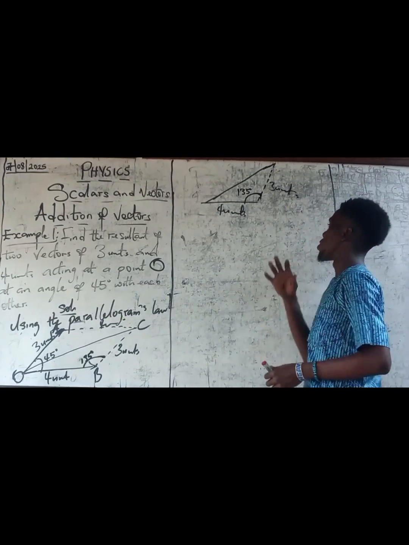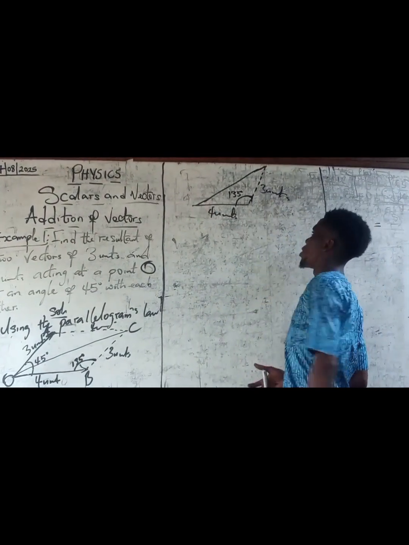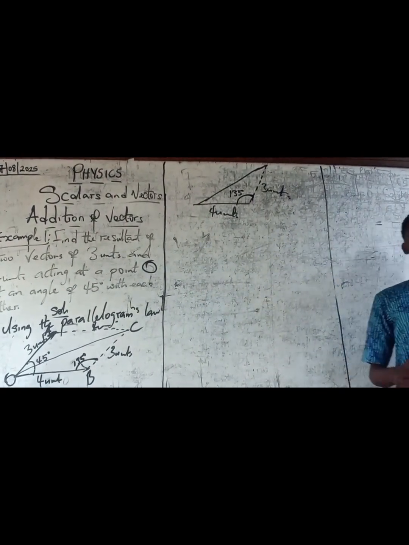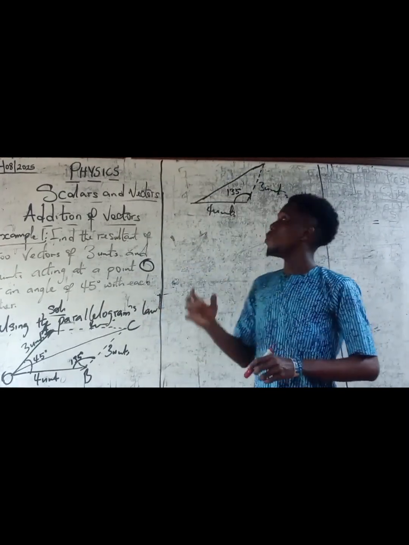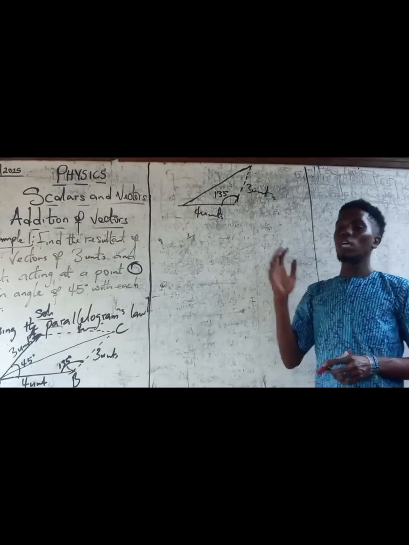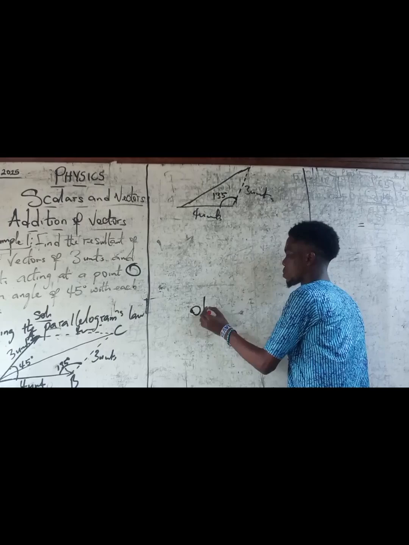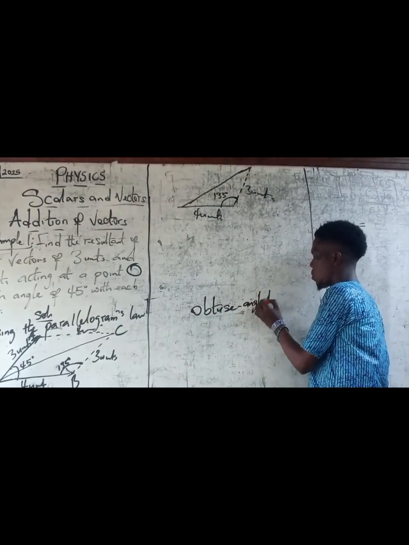So now that we have this, what do we do with this information? Now, to find the length of this line, we simply use the concept of cosine rule. Why do we use cosine rule? We use cosine rule because this is an obtuse angled triangle.